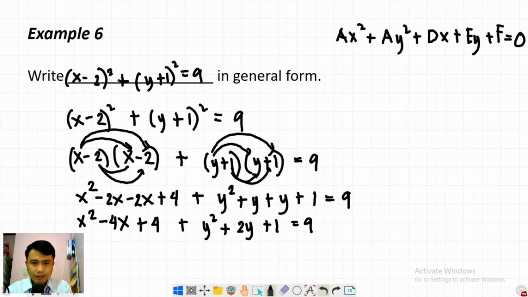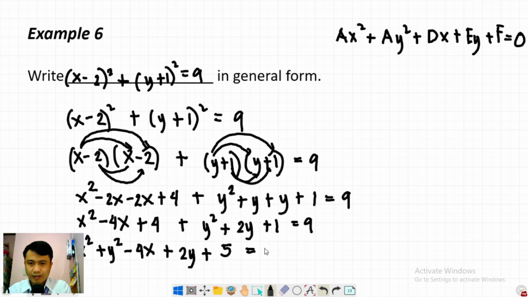Lahat ng mga x² tsaka lahat yung may squared pagtabihin. Kasi ganun nga yung nandito. And isunod natin yung may x, so negative 4x. And may y plus 2y. 4 plus 1 is 5. Equal yan sa 9. Okay?